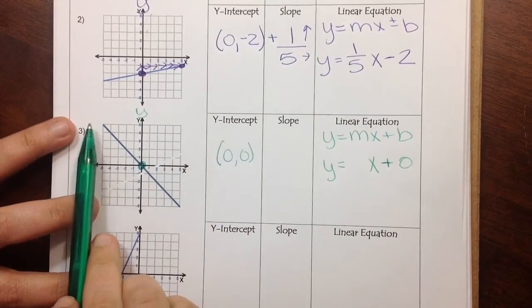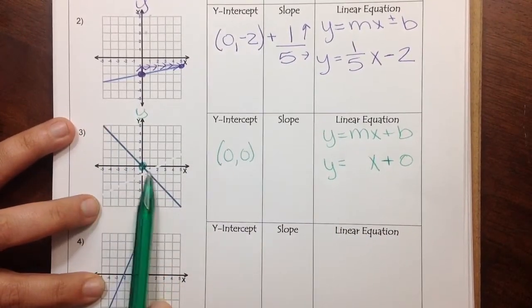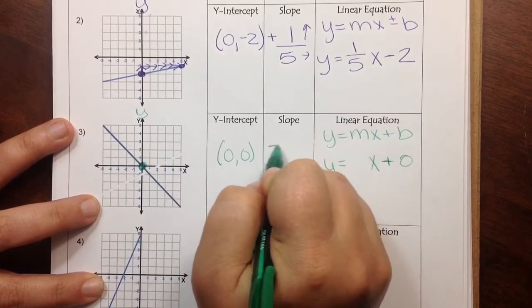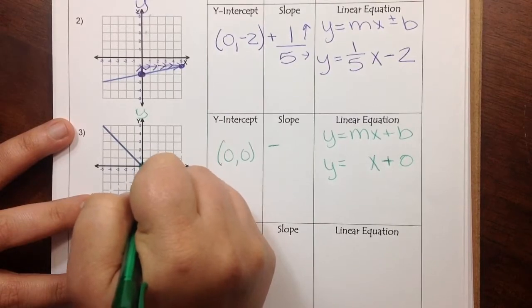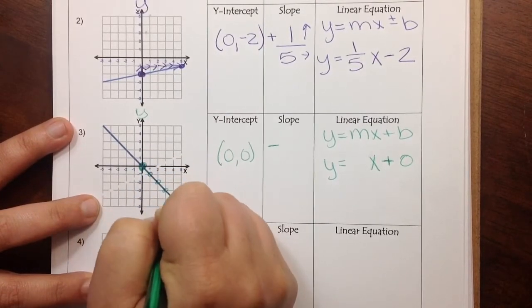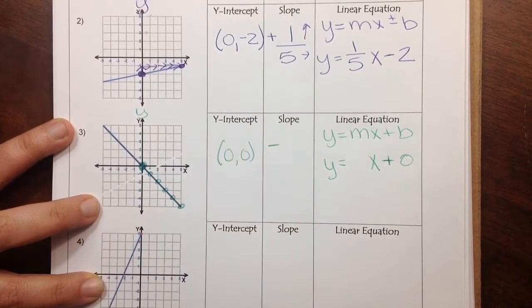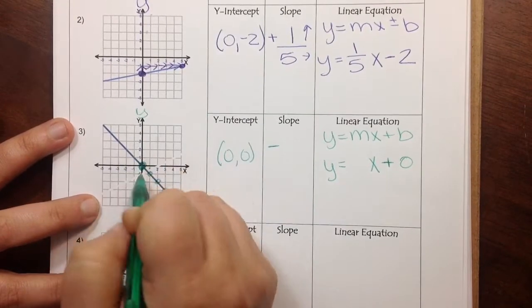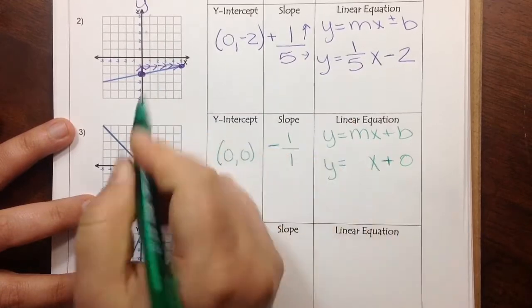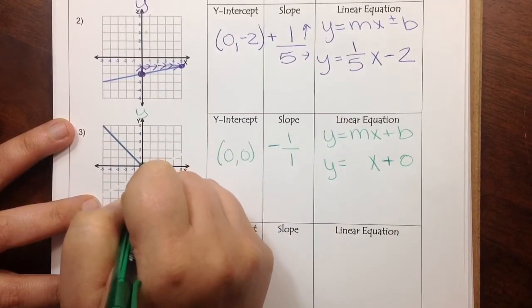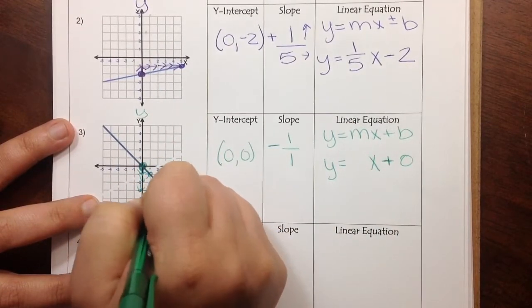Now I'm going to trace the line from left to right. The line is going down. That makes my slope a negative. And I can just count. There's a dot here, here, here, here. So the receiver can catch the football at any of those spots. So the route that he could run is 1 over 1. You could have said 1, 2, 3 over 3.